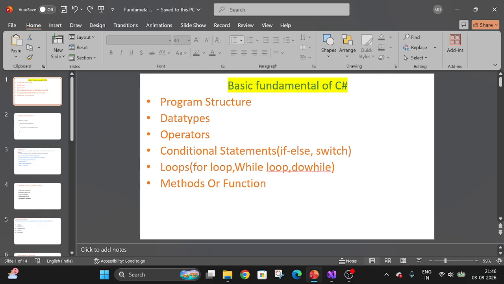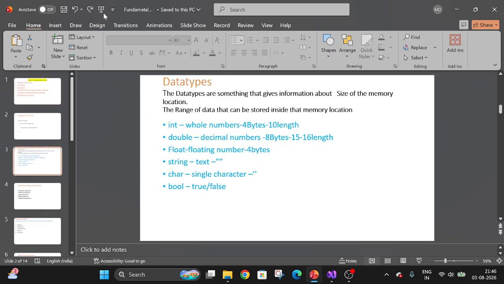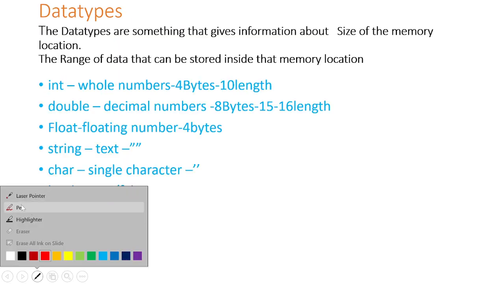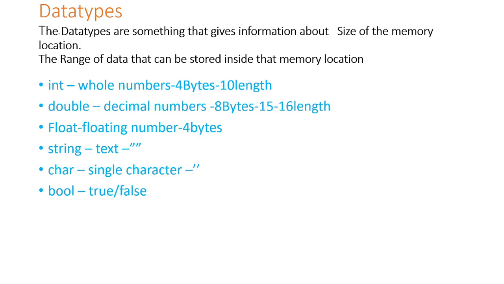Then we are moving to data types. What is a data type? Why do we need data types in a language? Data types give information about the size of the memory location.